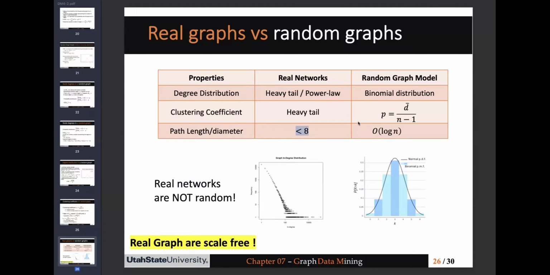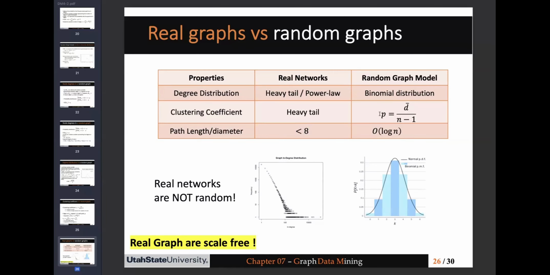If you look at the random graph models, the path length is not really on the smaller end. In fact, it is in terms of n, which is O(log n) in this case. So it's not short nor long. It really depends directly on the size of the network. The clustering coefficient is nothing but p. It's very deterministic.